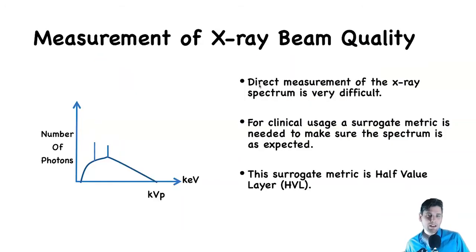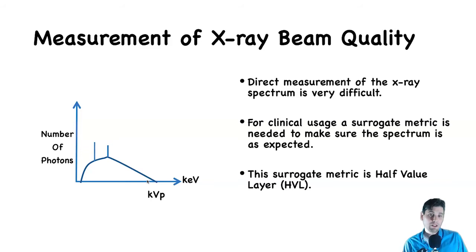We can't just take a detector, because the detectors that we use to make our image measurements typically measure all of the energies under this spectrum. So we can't just put our detector in there and say, okay, it looks like the beam quality is about good. We actually need a metric to measure the beam quality, and a direct measurement isn't really possible. It's very difficult to set up direct measurements of the X-ray beam quality.